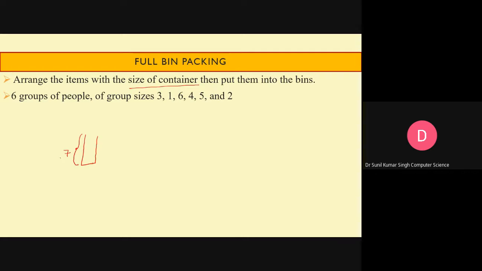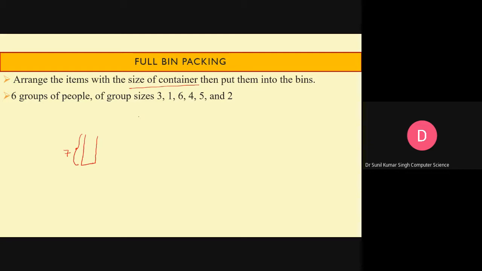It is given 7. Now arrange the items so that we can utilize the full capacity of the container.